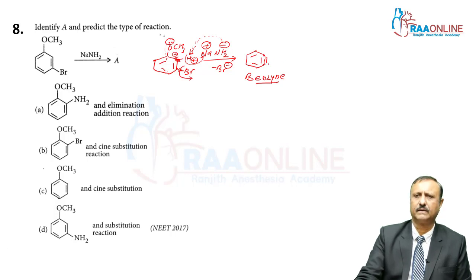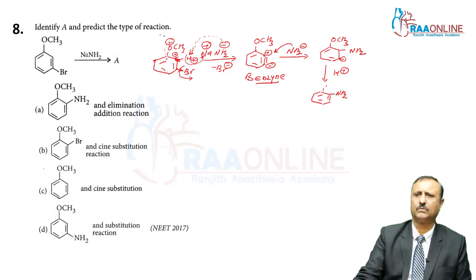And due to this benzyne, when a negative charge is here and a positive charge is present here, this NH2 minus ion attacks this positive charge, and it is converted to OCH3 and this NH2 group. Now, my dear students, this negative charge present on this carbon atom accepts an H plus ion and forms this compound with NH2 and OCH3 group.